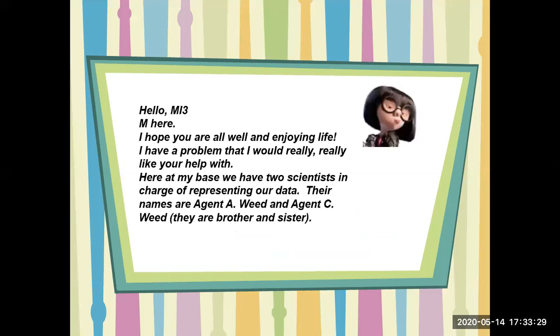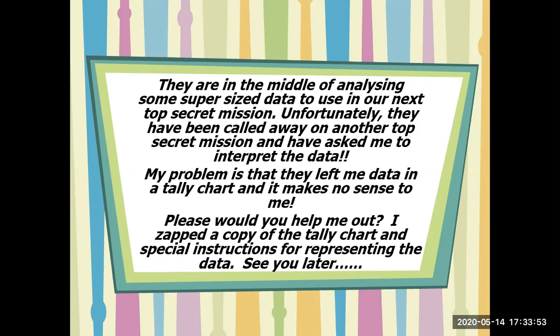Hello, M13, I'm here. I hope you're all well and enjoying life. I have a problem that I would really like your help with. Here at my base, we have two scientists in charge of representing our data. Their names are Agent Aweed and Agent Seaweed. They're brother and sister. They're in the middle of analyzing some supersized data to use in our next top secret mission.